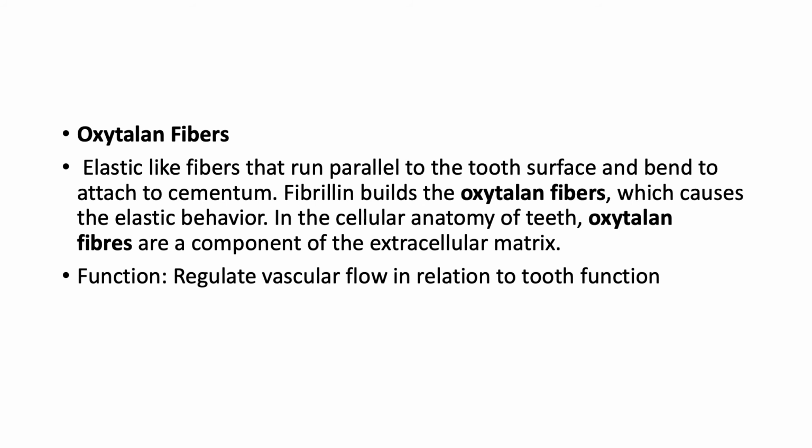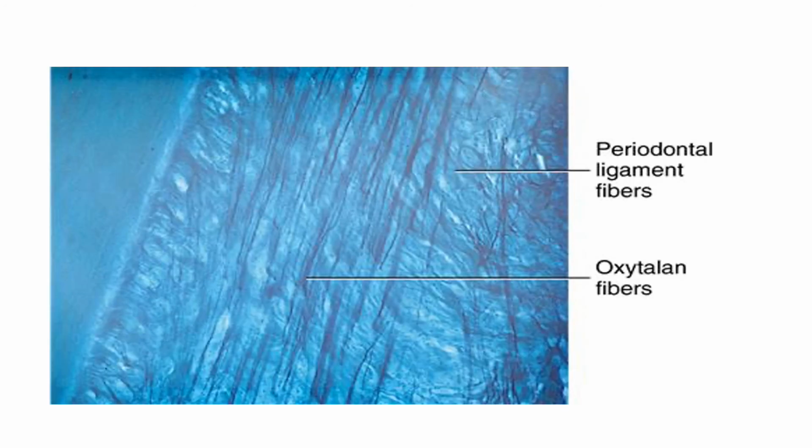In the cellular anatomy of teeth, oxytalan fibers are a component of extracellular matrix. Their function is to regulate the vascular flow in relation to the tooth function. This is the oxytalan fibers, and beneath it is the periodontal ligament.